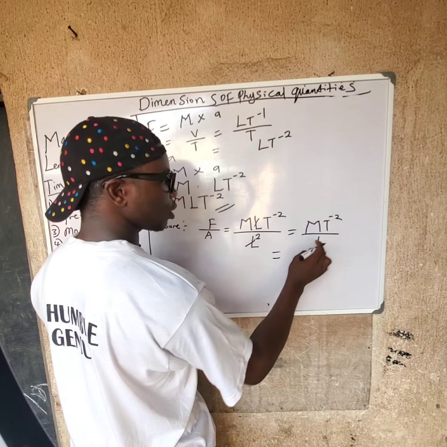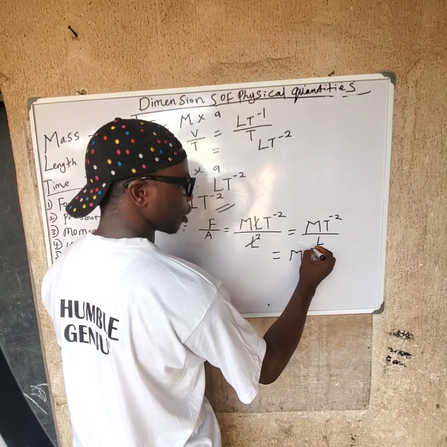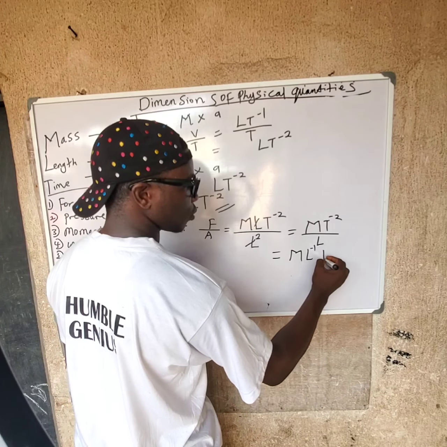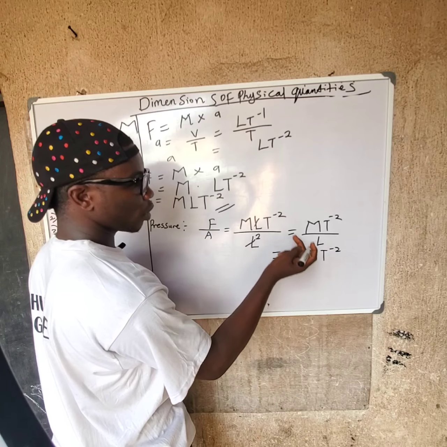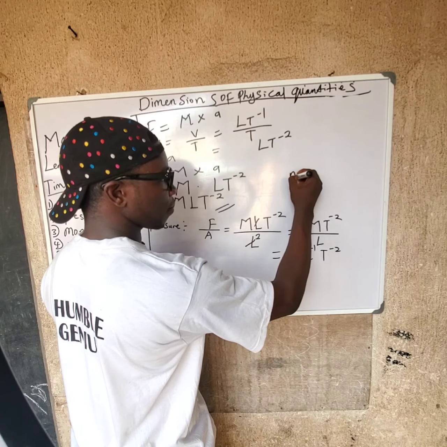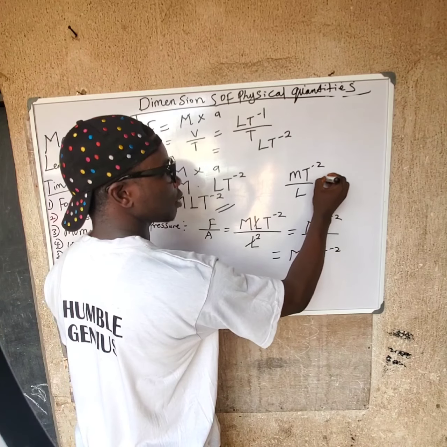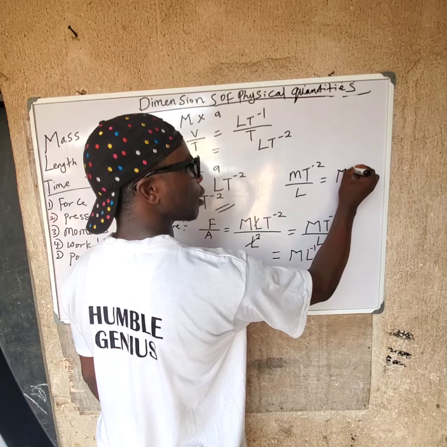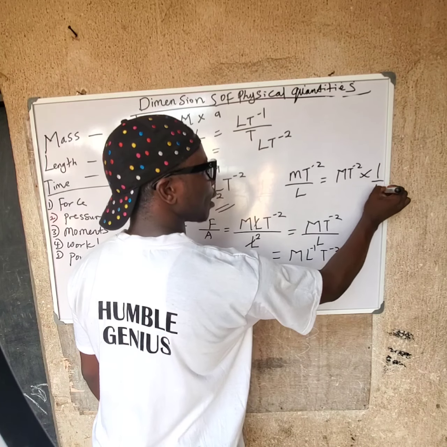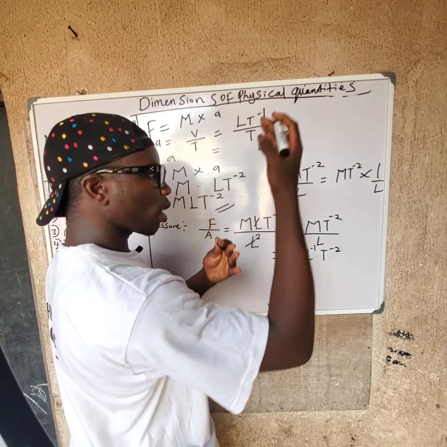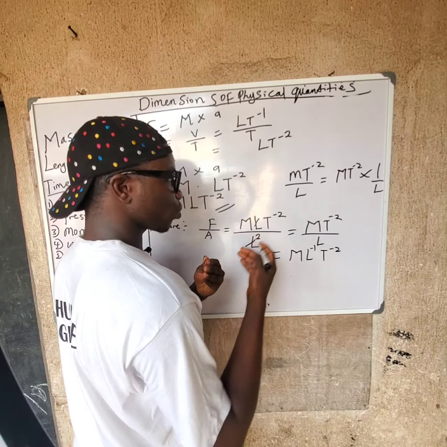So that, according to indices, is the same thing as M L raised to power minus 1 T raised to power minus 2. You might be asking, how did this L change to minus 1? Remember, this M T raised to power minus 2 over L is the same thing as M T raised to power minus 2 times 1 over L. And according to indices, 1 over L is the same thing as L raised to power minus 1.